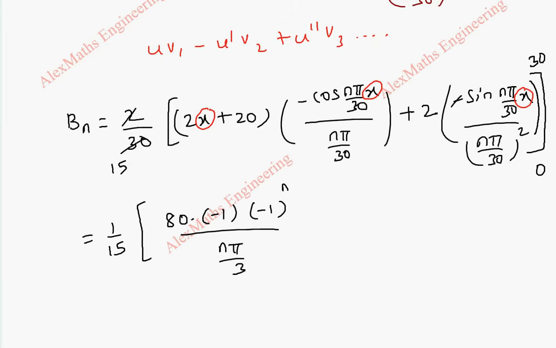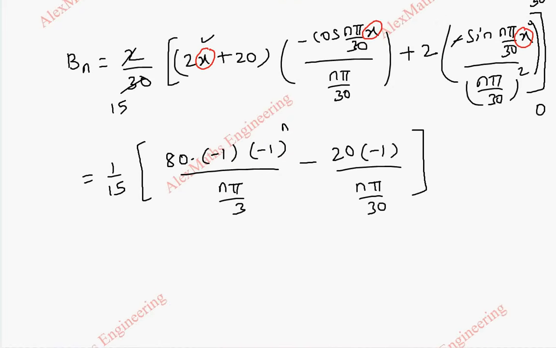And when I put the lower limit 0 here, we are left with only 20, and cos 0 is 1 and there is a minus sign, divided by n pi by 30, and when I put 0 for this sine it is totally 0. So we have only this much left.